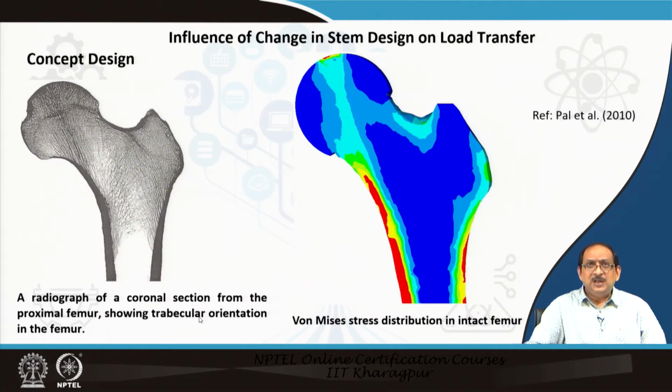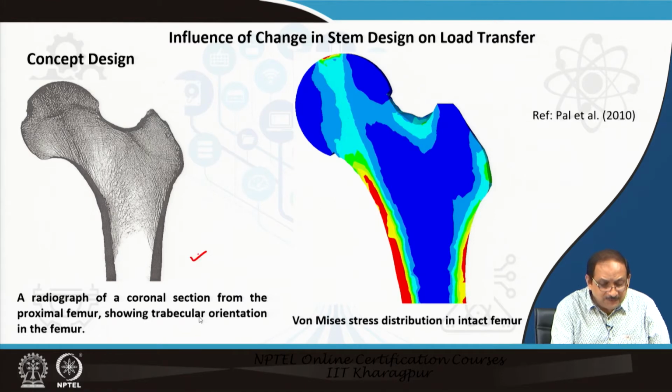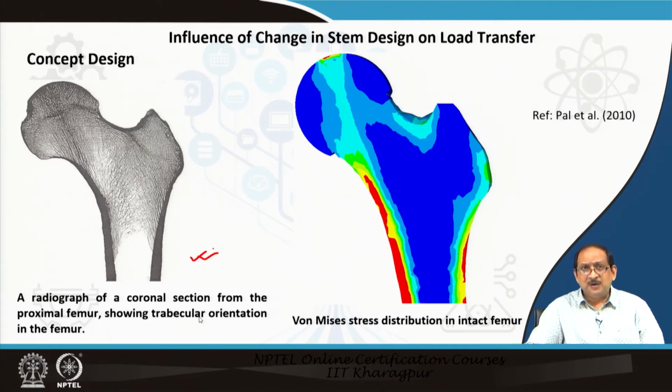Now, let us consider the influence of change in stem design on load transfer. In this slide, on the left there is a radiograph of a coronal section from the proximal femur showing trabecular orientation. We wanted to change the design of the stem by reducing the stem size, but the question was how much we should shorten the stem.